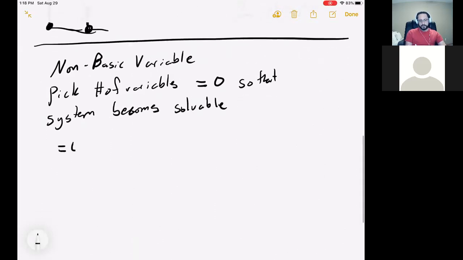The ones you set equal to 0 get called the non-basic variables, the NBVs. The others become the basic variables, the BVs.